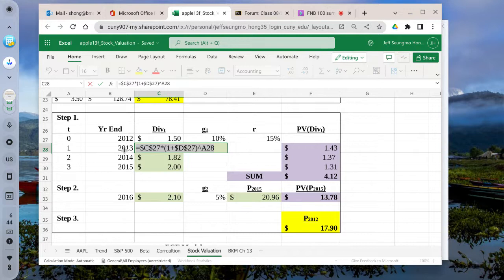Or you can do 2013 minus 2012. In other words, here, instead of the years digit, you can put a parenthesis. You can do it that way too, and then drag it down.